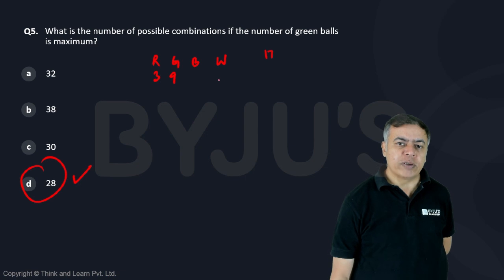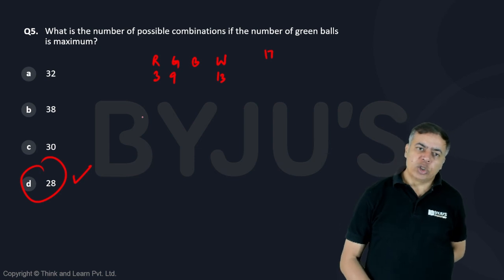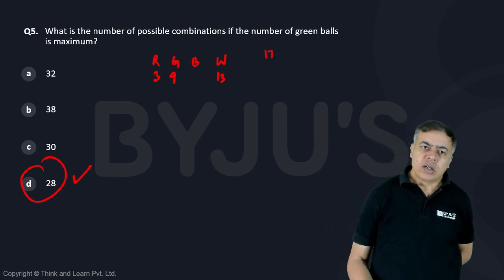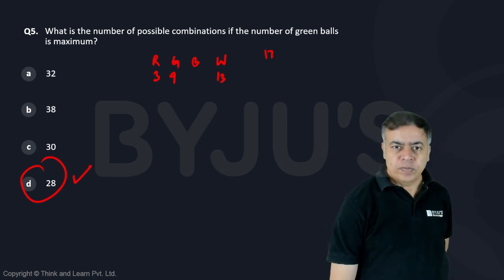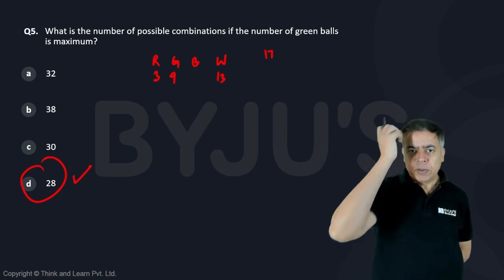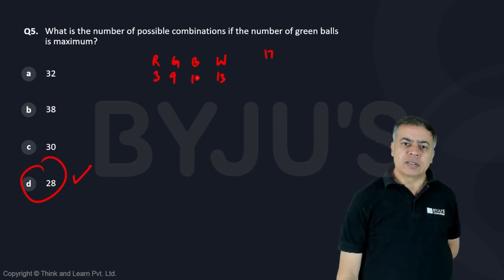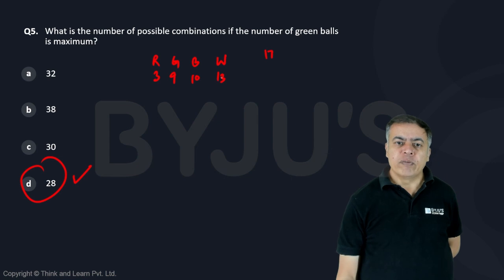Up to 17. So you will have combination for 13. Here, because blue ball can be, it should be 3 into red plus 1. The blue ball condition was 3 into 3 plus 1, that is 10 plus, from 10 onwards. So when white will be 10, it can be 10, 11 and 12.